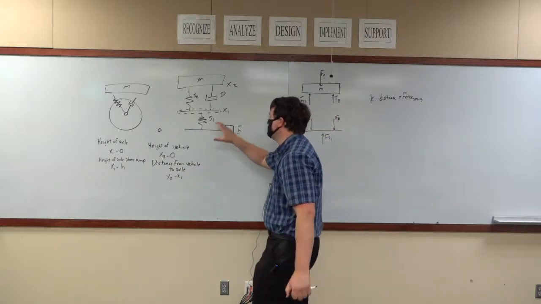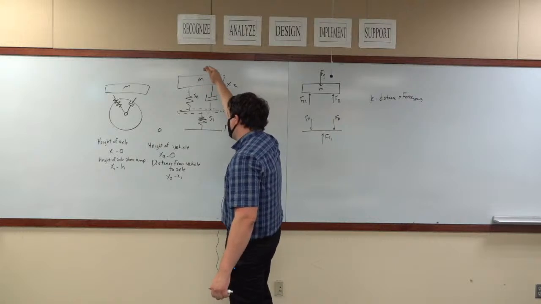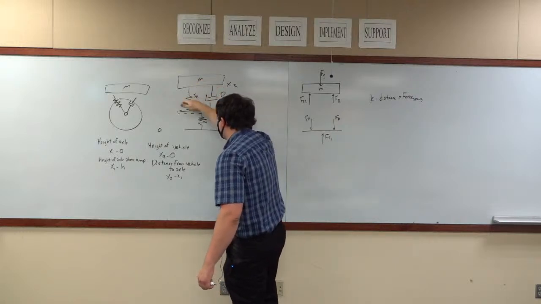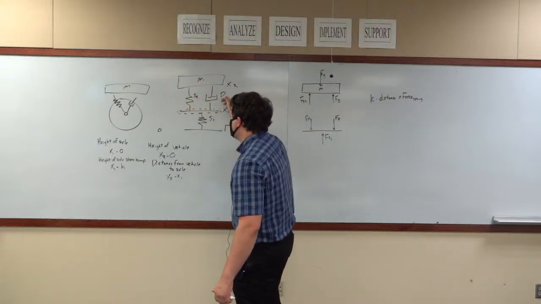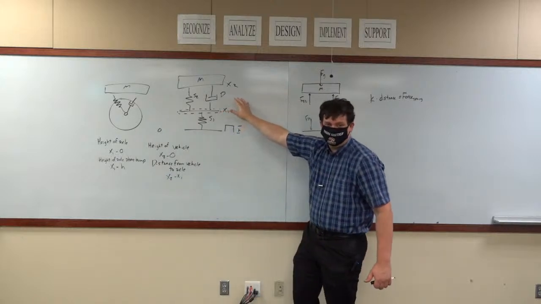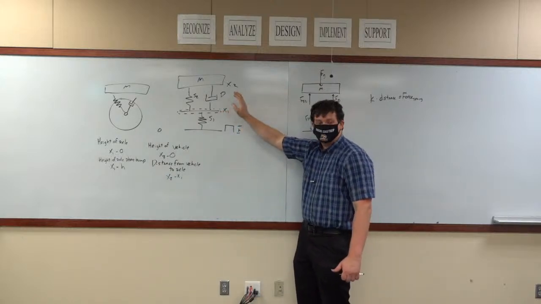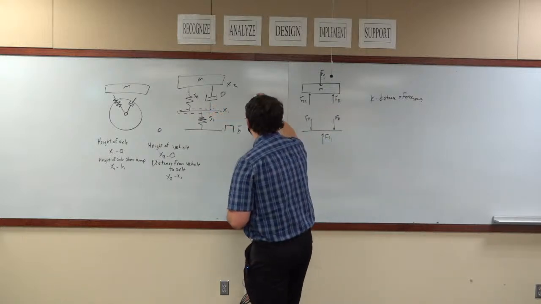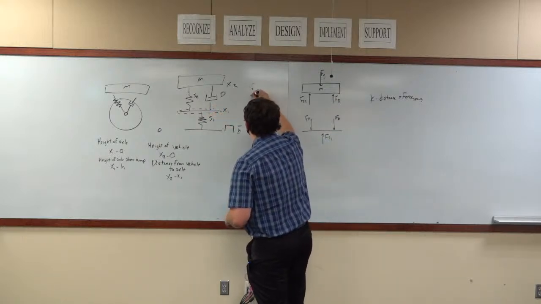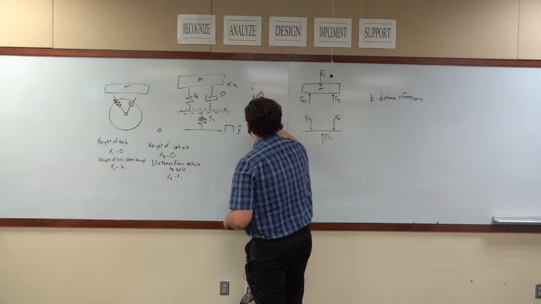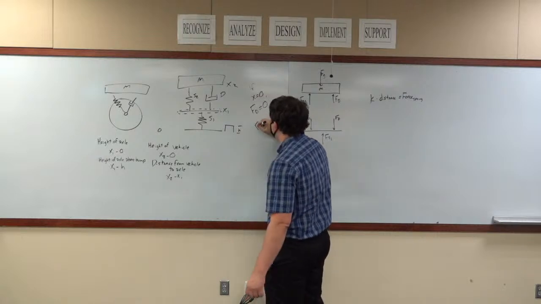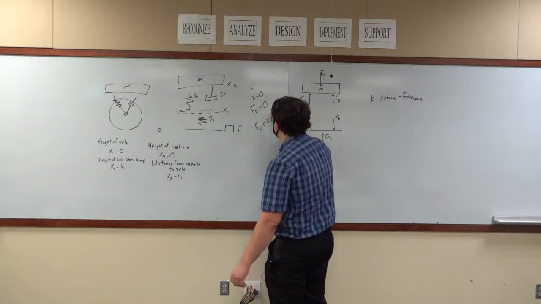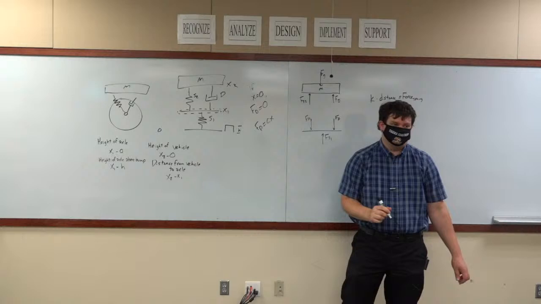But in any case, at equilibrium, all of the weight of the vehicle is sitting on this spring and this spring. At equilibrium, there's no velocity. And because there's no velocity, there's no damping. So if x dot equals 0, Fd equals 0, because Fd is equal to C x dot.